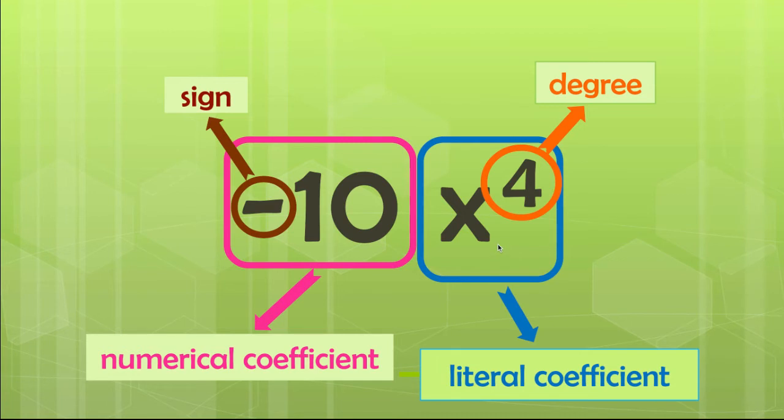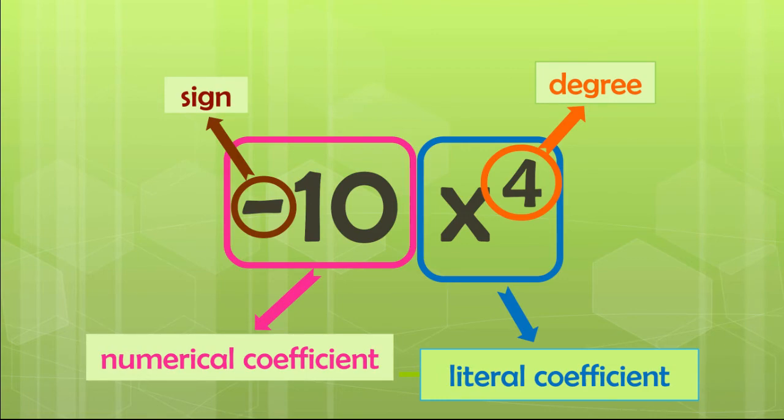So the variable and its power, in this case x raised to the fourth, comprise the literal coefficient. The numerical coefficient is the number with sign included that appears before the variable, and the literal coefficient is comprised of the variable and its exponent or power.